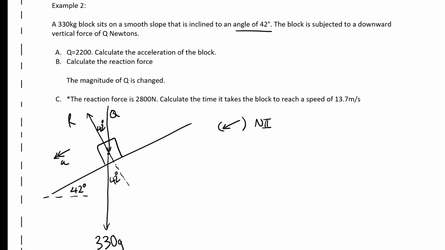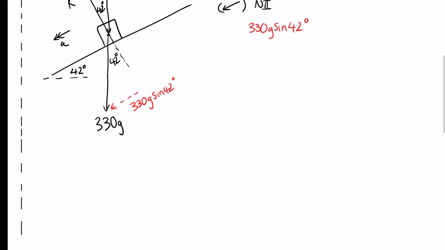So we know that this component of weight acts parallel to the slope and down, so that's 330 G sine 42 degrees. So 330 G sine 42 degrees, and then we should break Q down.